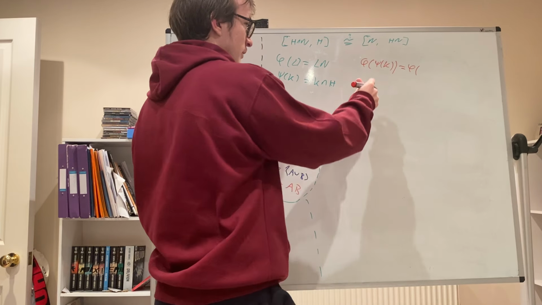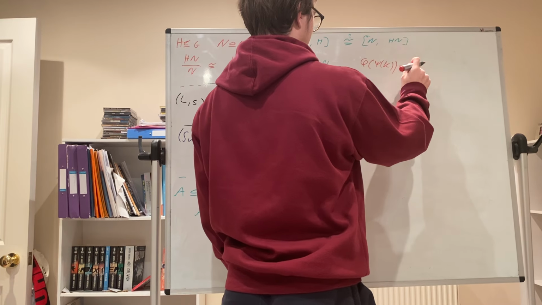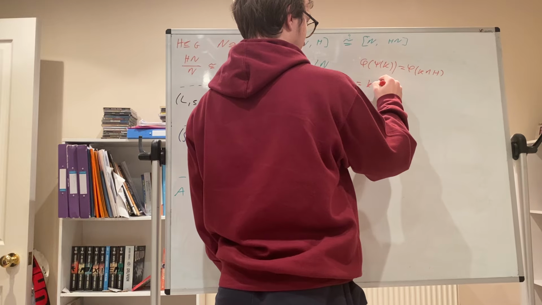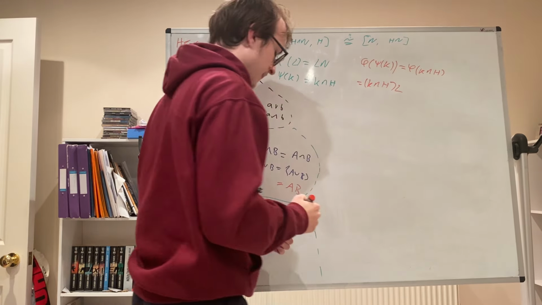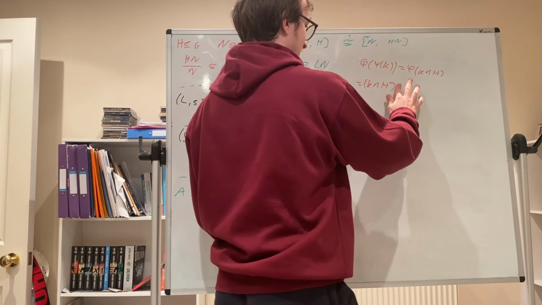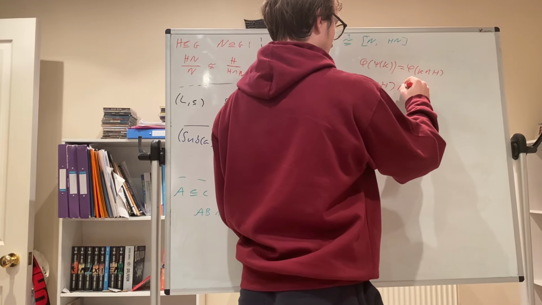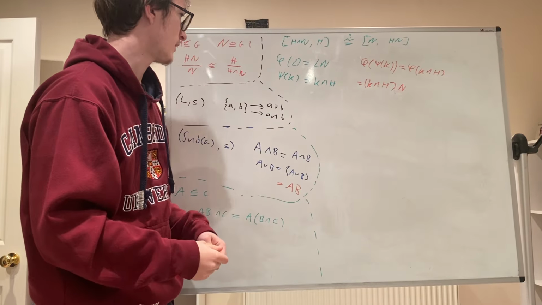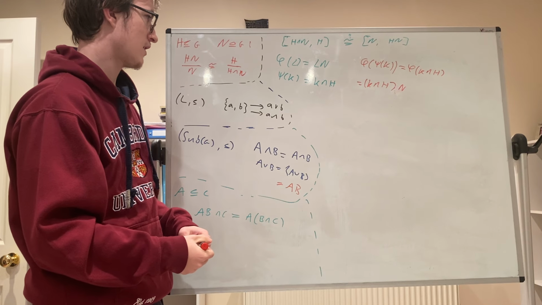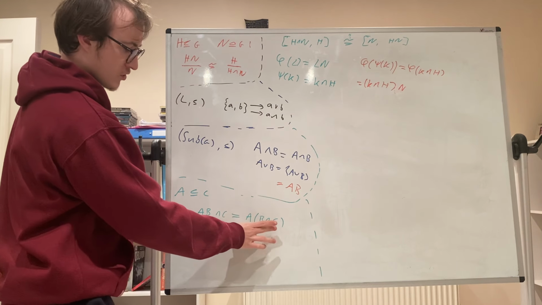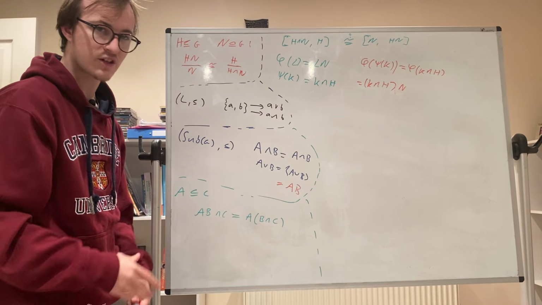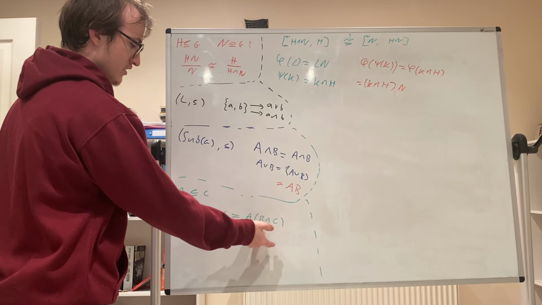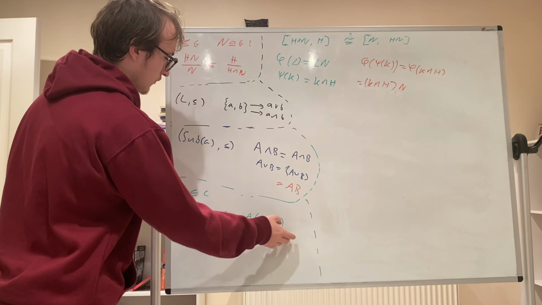Okay, so the composition phi psi of K is phi of K intersect H, which is equal to K intersect H times N. And N is a normal subgroup here, so we can just swap the order. Intersection is commutative, and N is normal, so we can bring N to the front, with no issues bringing it into this form.